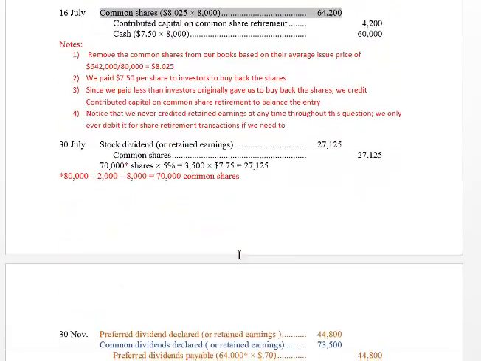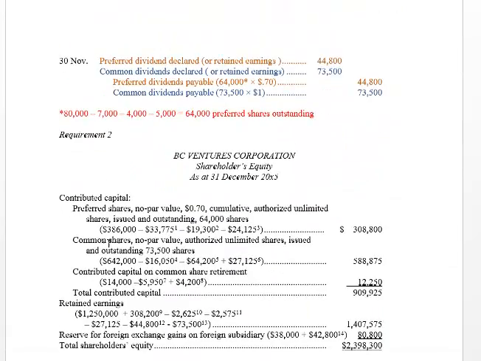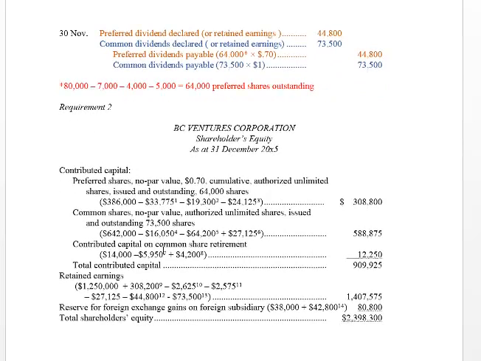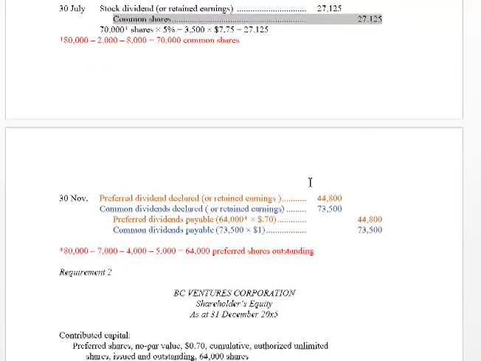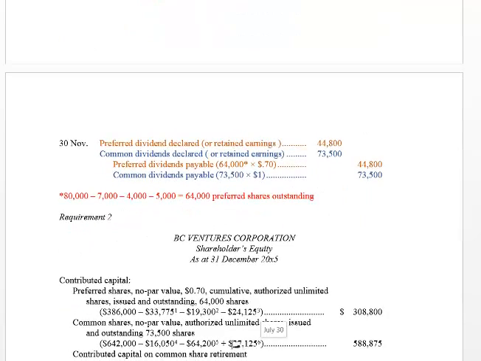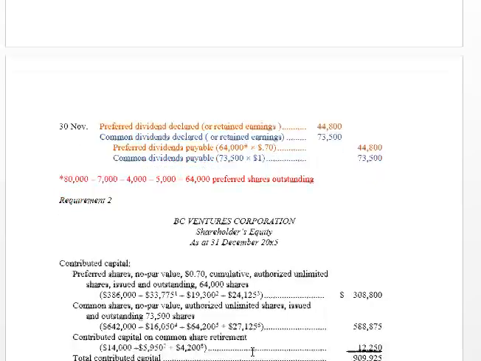So if you factor that into your calculation of the ending balance of common share equity, you've got those two numbers in here. Don't forget that we also issued common shares on July 30th of 27,125, which increased our common share equity. So notice we've got to go in there and pick that up and increase it.